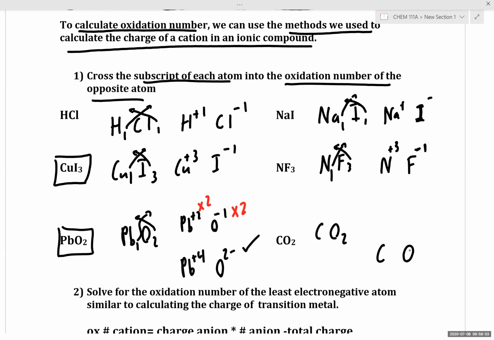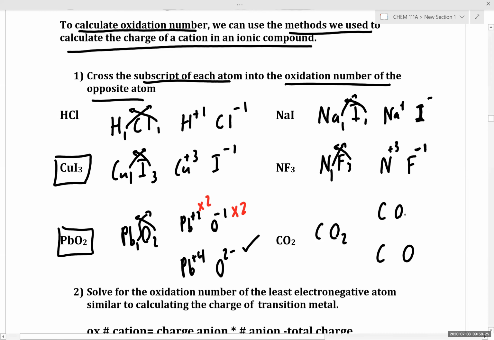What would the oxidation number of carbon be in carbon dioxide? Remembering that we need to adjust our oxidation numbers to match the common preferred oxidation number for each of our atoms. +4, exactly right.